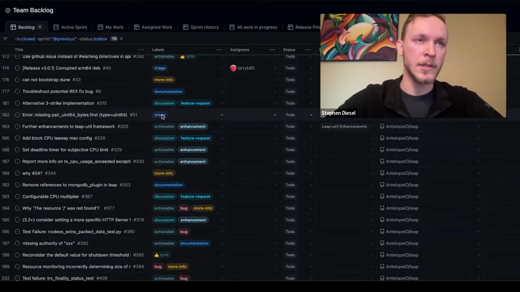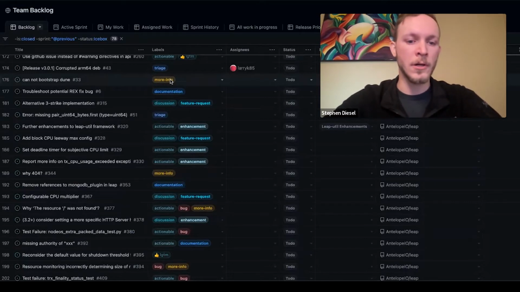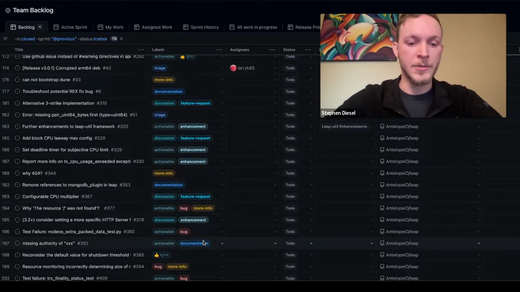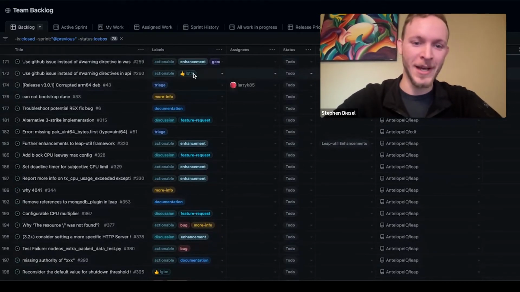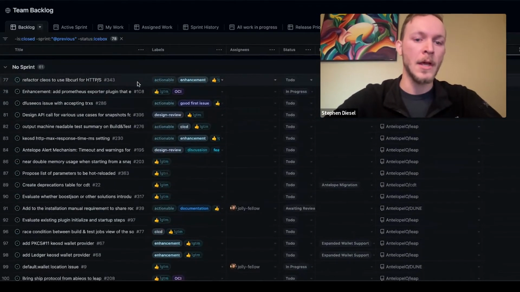We have a few triage leads that are technical subject matter experts that are then assigning secondary labels to it, such as whether the issue is actionable, requires discussion, or may need more info, such as a preliminary spike or more info from the requester, and the nature of the request, whether it's a feature request, an enhancement to something that's already out there, just a straight up bug, or a documentation gap. And from there, since I'm explaining everything about this board, the looks good to me label basically is our form of ready, since there's a few different entities that are pulling from this backlog.